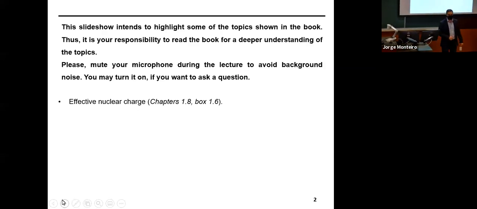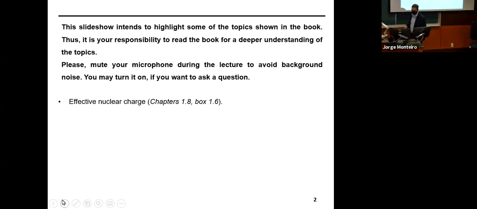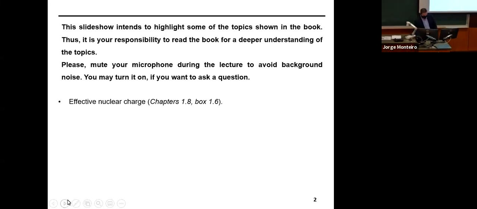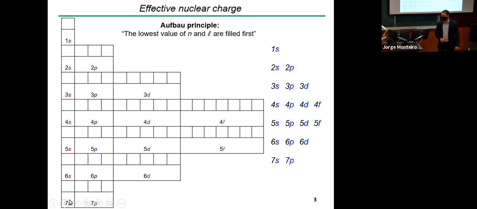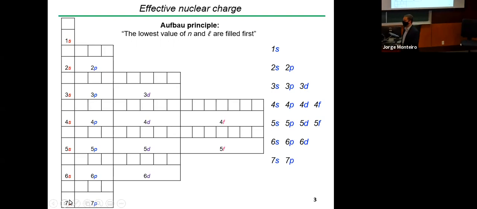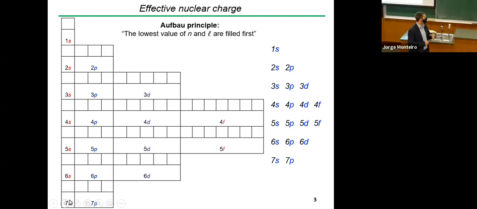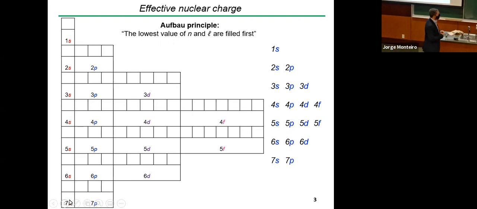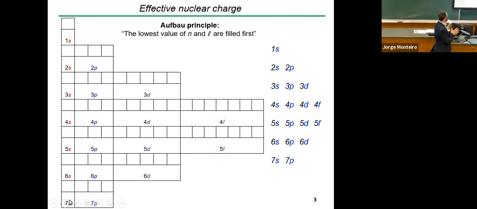Okay, so let's talk about effective nuclear charge. And that's the single topic for today's lecture. Okay, very good. Let's get this going. So this is a very short topic, and it's a box in chapter 1.8, but pretty easy to get lost. Okay, so the last thing we covered last time was electron configuration, and I talked about the Aufbau principle.